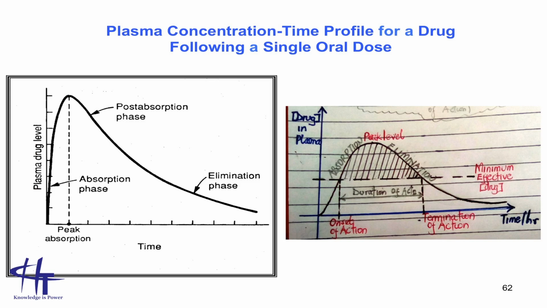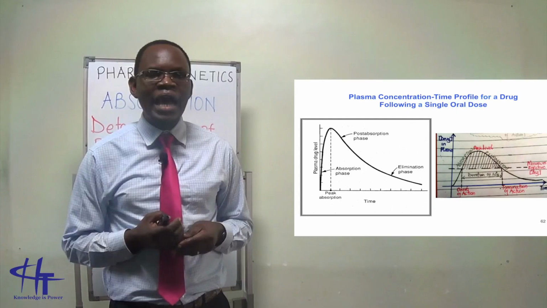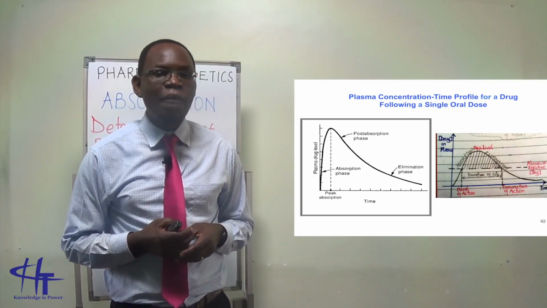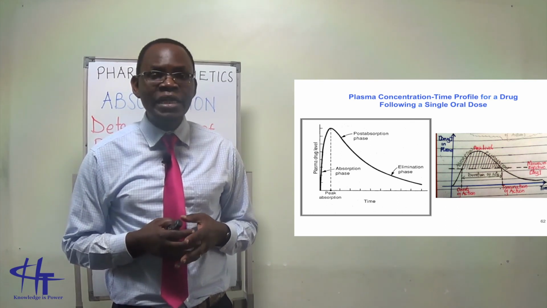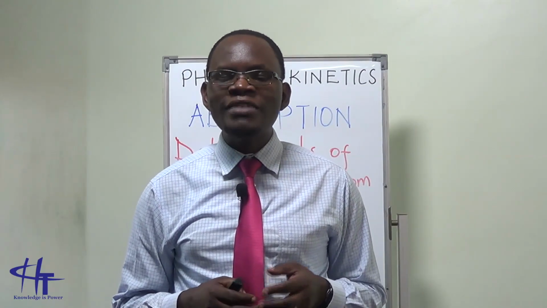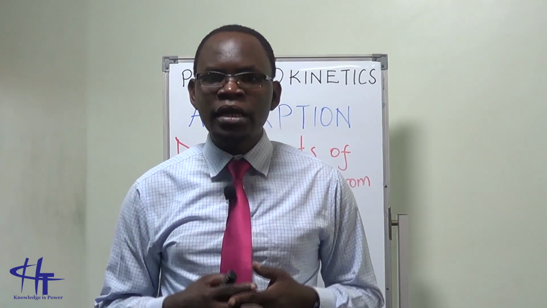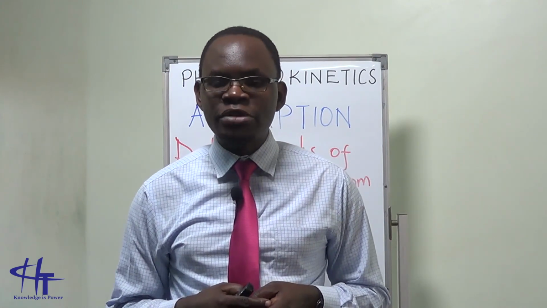Now, ladies and gentlemen, in a nutshell, we have been talking about what things determine the release of a drug from a pharmaceutical preparation. We talked about things like additives and the drug size, among others. And finally, we talked about the plasma concentration versus time profile for an orally administered drug.